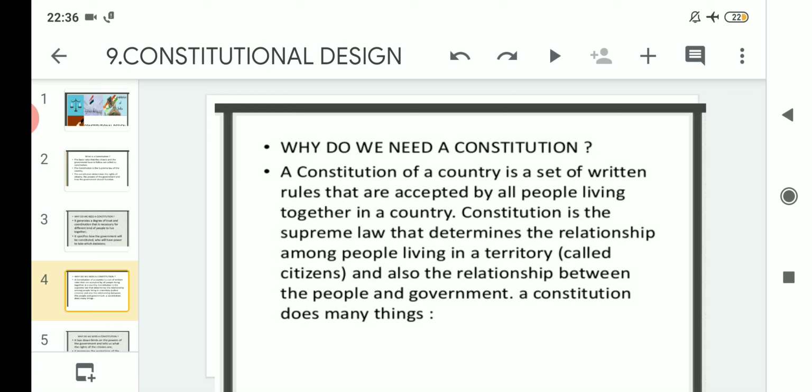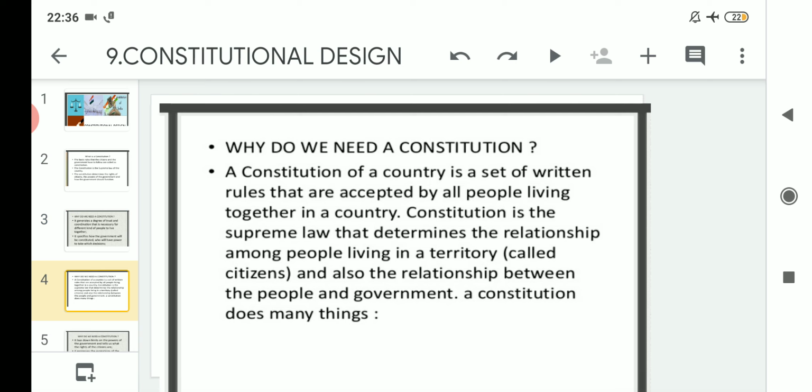We elect a government, then the government also runs the country according to certain rules that are laid down by the constitution. So in this way, the constitution does what? Being the supreme law, it actually determines the relationship between the citizens, that means we the people, and our government that is running the country in a democratic way. So a constitution does many things.